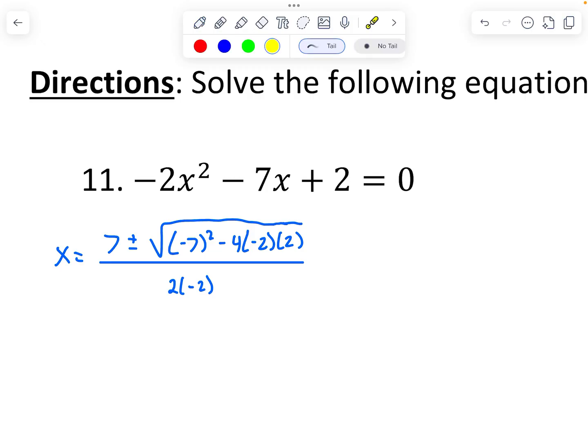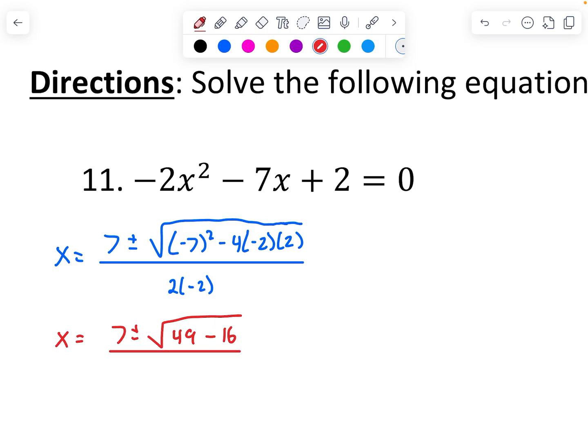And now, again, I think the easiest way is to get this number first and then do 49 plus or minus whatever you get here. This is going to end up being a plus number because of a negative times a negative. So we have 7 plus or minus the square root of 49 minus, that looks like it's going to be 16 over -4.